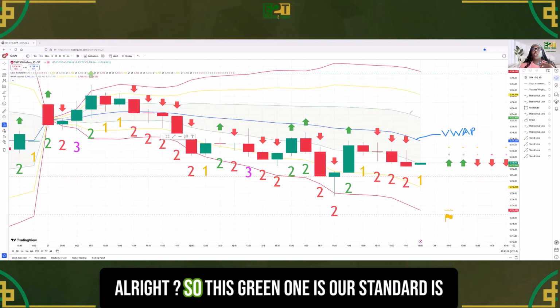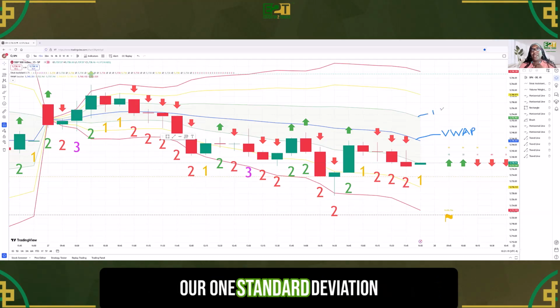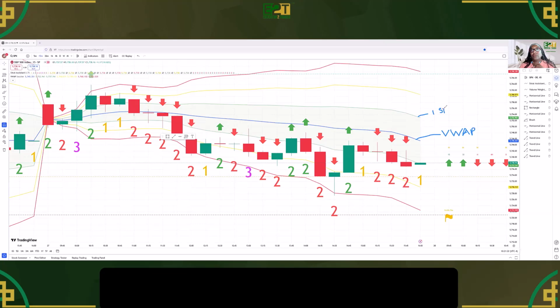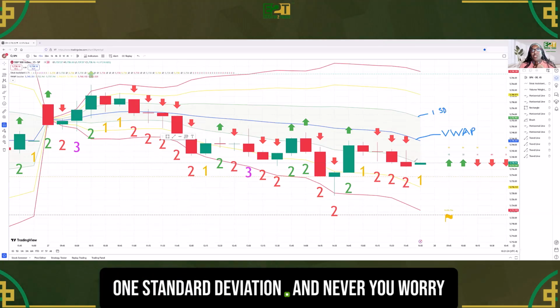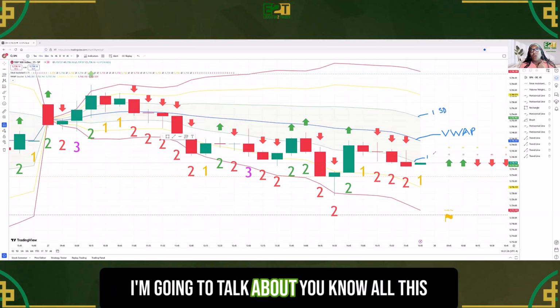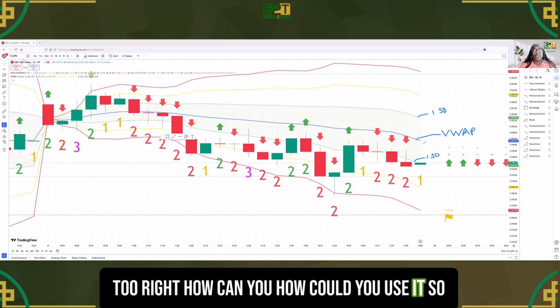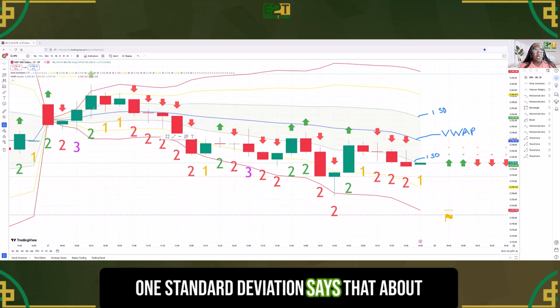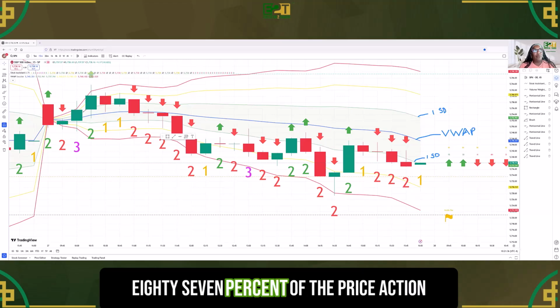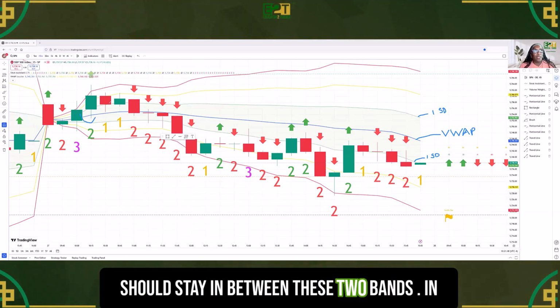All right. So this green one is our one standard deviation. And never you worry, I'm going to talk about all this stuff. How do you use it? I'm going to get there too, right? How could you use it? So one standard deviation says that about 87% of the price action should stay in between these two bands.